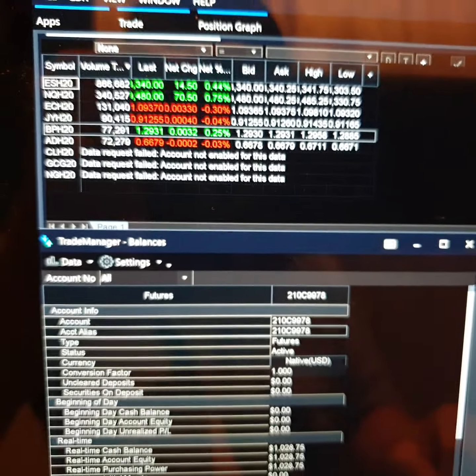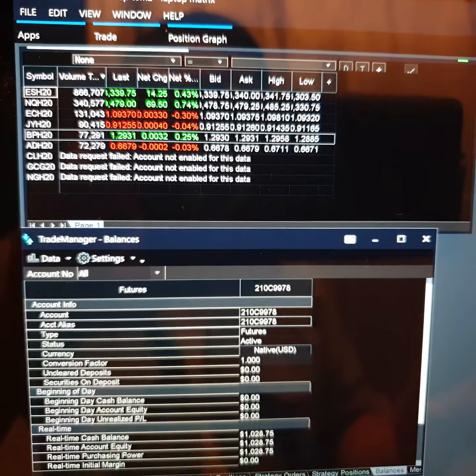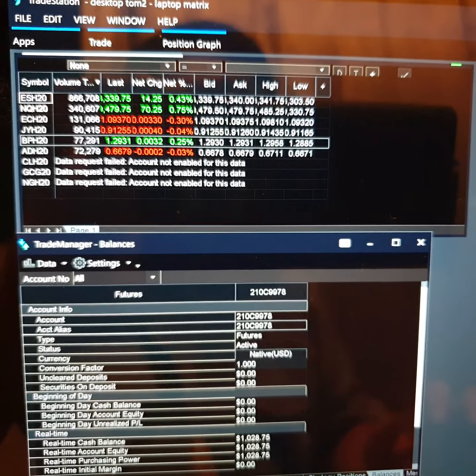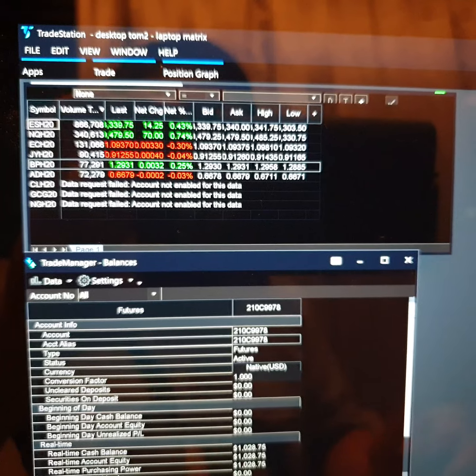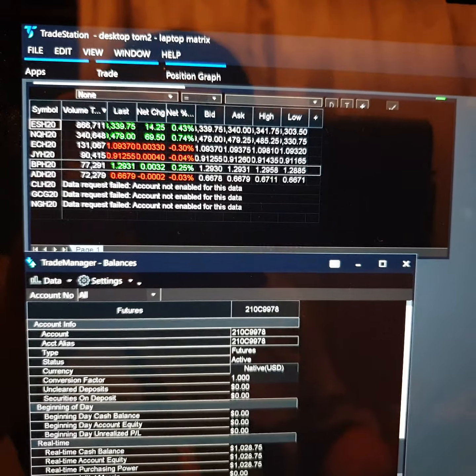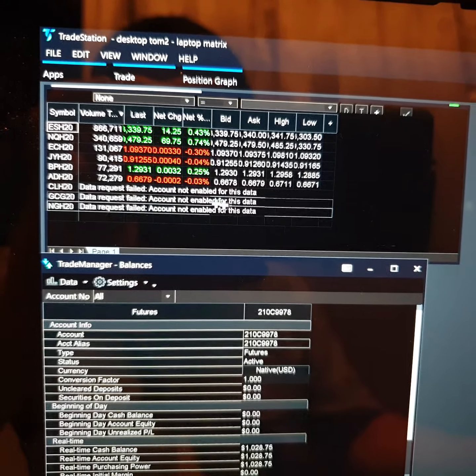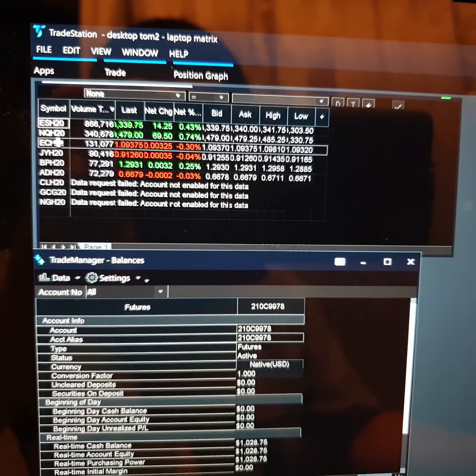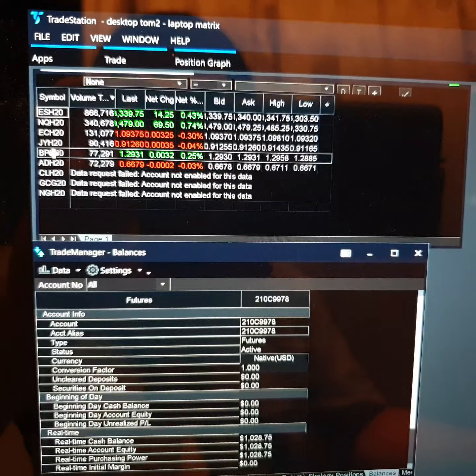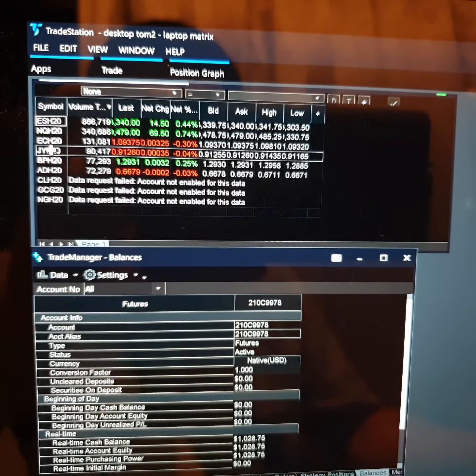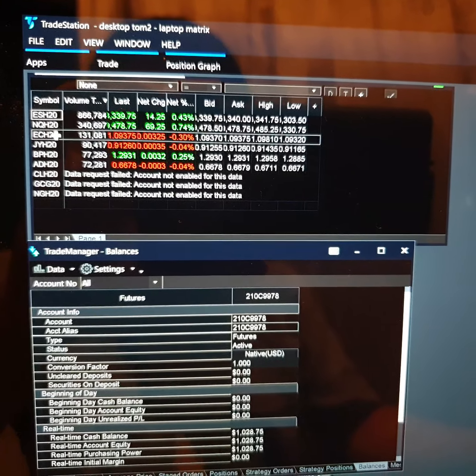I want to make money first, and then when I get comfortable and take my profits, I might pay for 2 data feeds, because the crude oil, the gold, the S&P and the currency are all on separate exchanges.